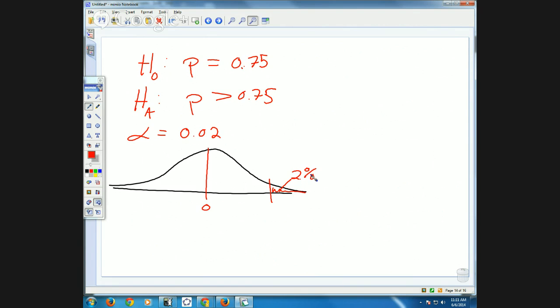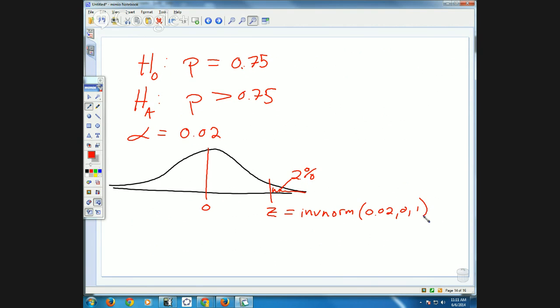Okay. All right. So we could calculate that z-score if we wanted to. That is called the, let's see, is the critical value maybe? Inverse norm, yeah. Okay, so what is the inverse norm? What would I plug into the inverse norm here? 0.02.